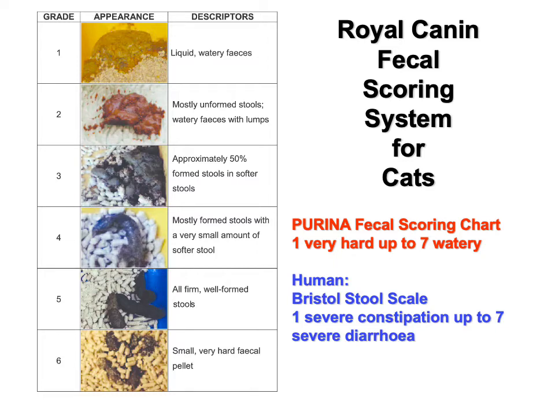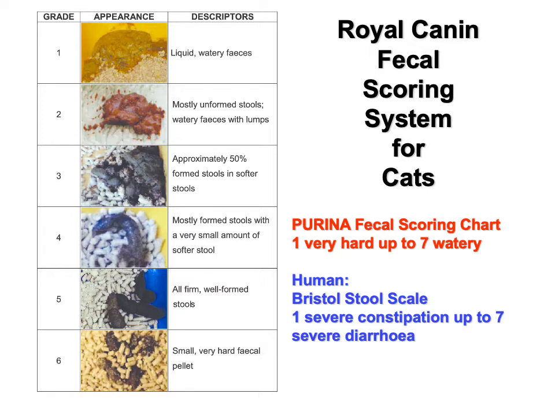The Purina fecal scoring chart is similar to the Waltham, but starting with 1 as very hard and going up to 7 being the watery. In this case, of course, good quality may be between 3 and 4.